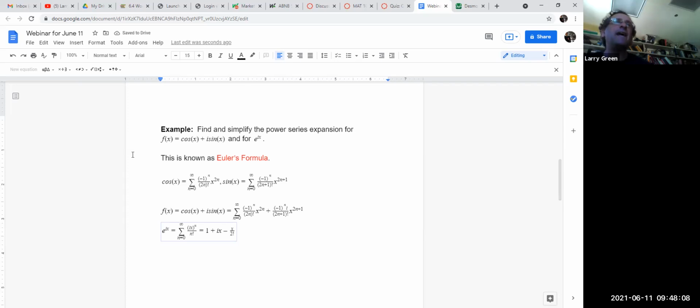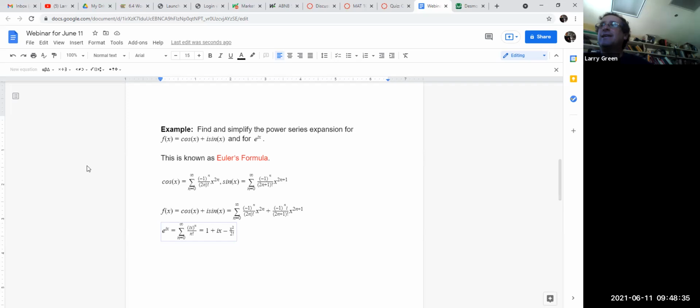Now if n is 3, then what's i cubed? How do you simplify i cubed?